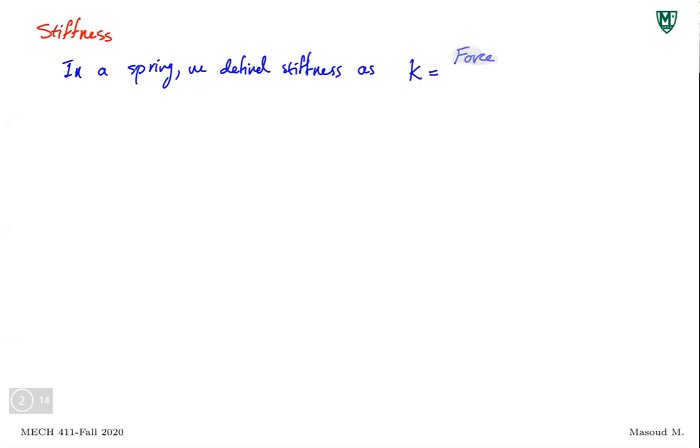Let's just do it the way that is more familiar. We said F over X, X being the deformation in the spring. So pretty much, this is the force or load on the spring divided by, as I said, deformation.